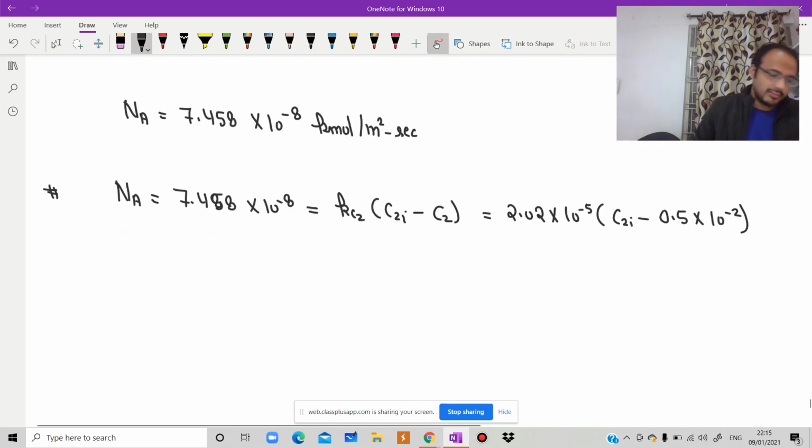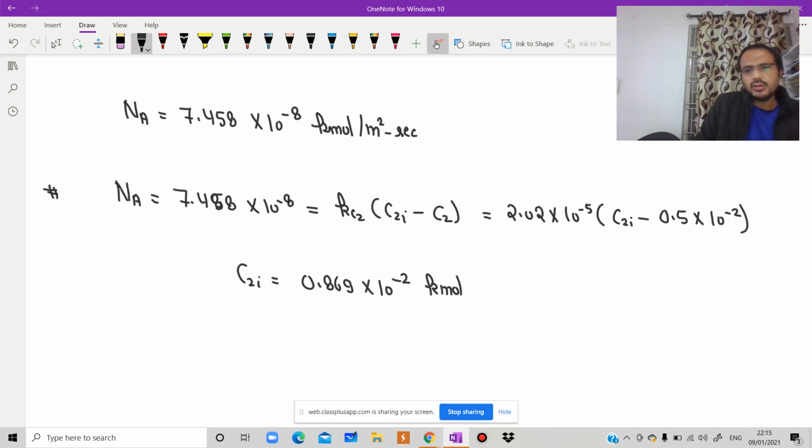Again one equation, one variable. So when you solve, you will get C2I equal to 0.869 into 10 to the power minus 2 kilomole per meter cube. A very nice question. If you know, all these things are easy.